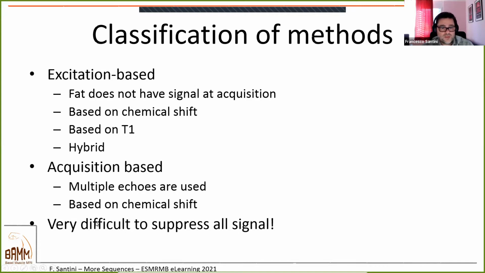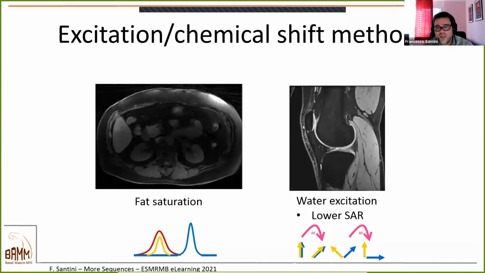As you have seen, there are many peaks in the fat, so it's very difficult to suppress all fat signal. If you want a completely fat-free image, it is very hard because you would need to identify every single peak in the fat molecules, and this is very rarely done. However, the methods that we have work quite well.